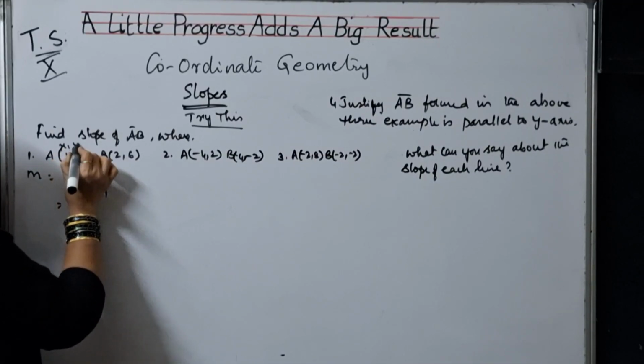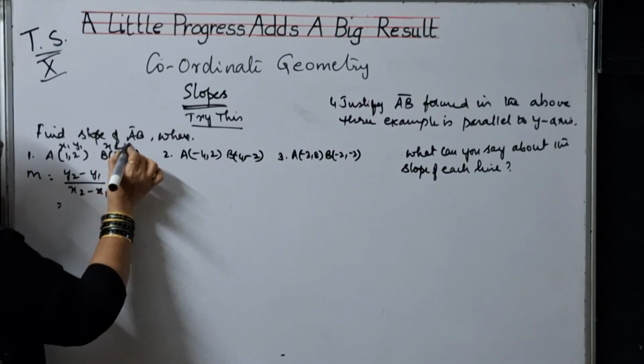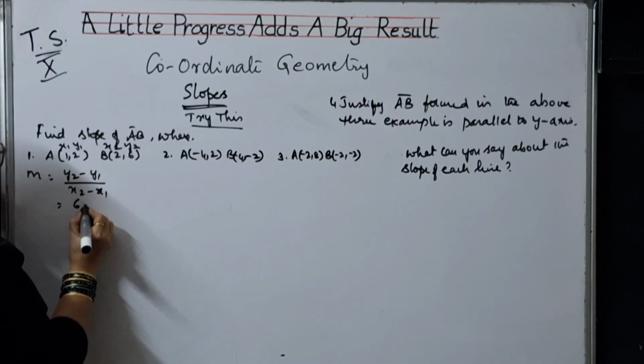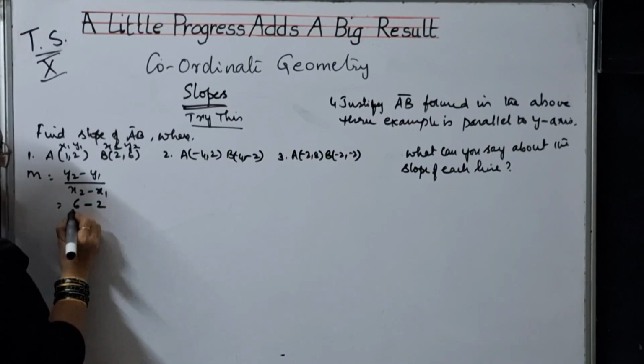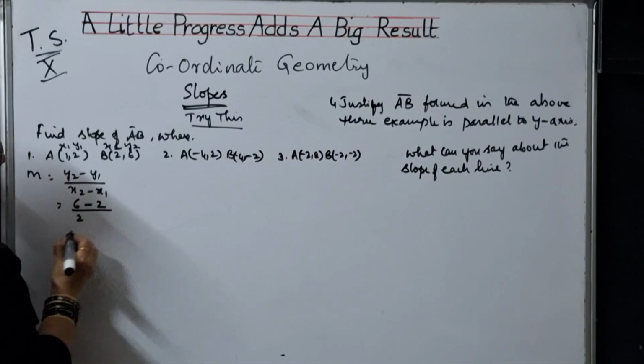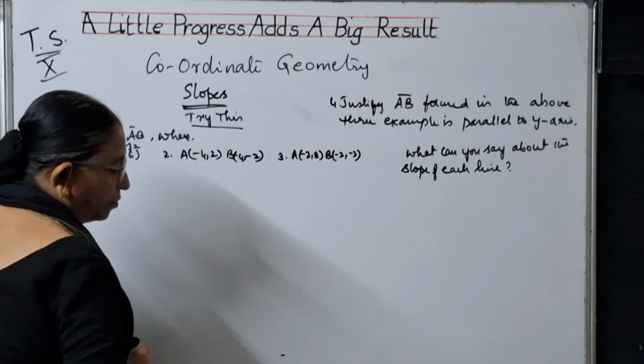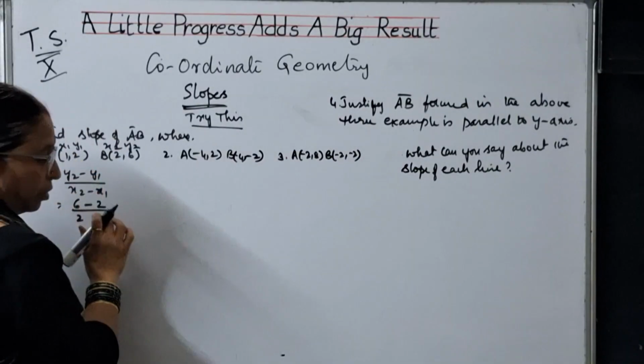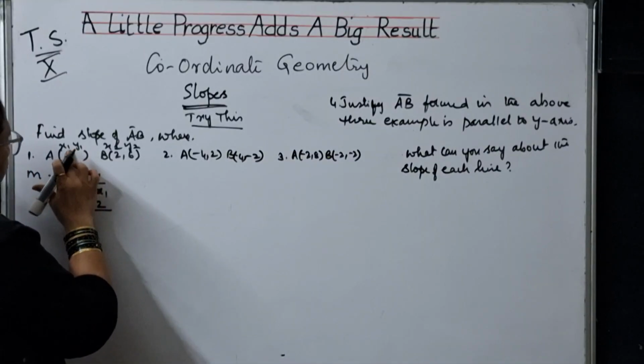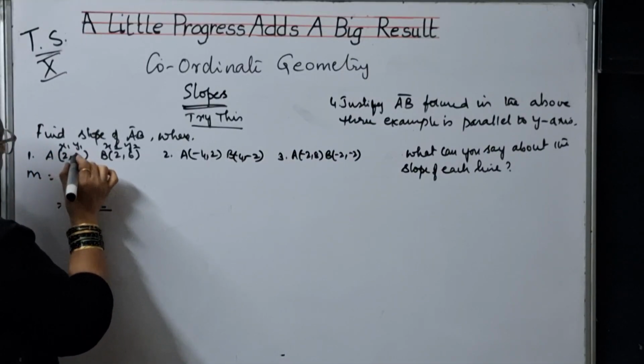This is x1, y1, x2, y2. y2 minus y1 by x2 minus, the first one is, sorry, this is also 2 comma 1. I have taken it 1 comma 2, 2 comma 1.